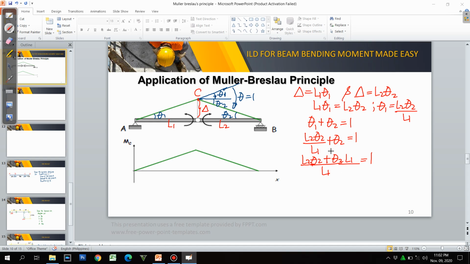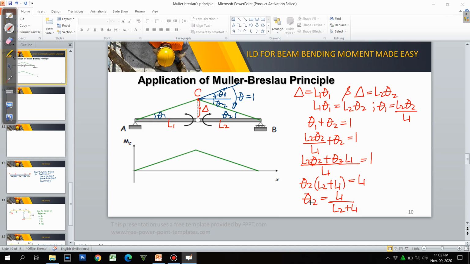By cross multiplication and factoring out theta 2 on the left side, what is left is L2 plus L1. So this must have to be cross multiplied by the right side. So L1. Therefore, theta 2 is equal to L1 all over L2 plus L1.